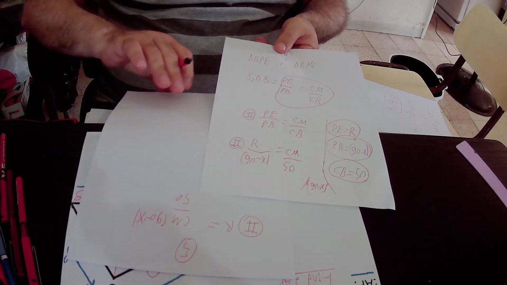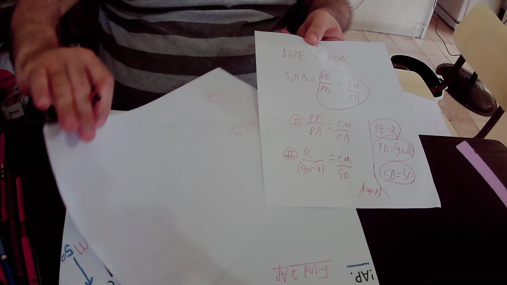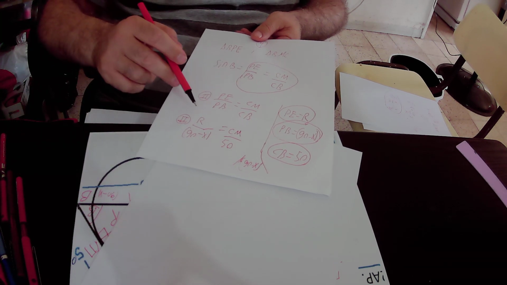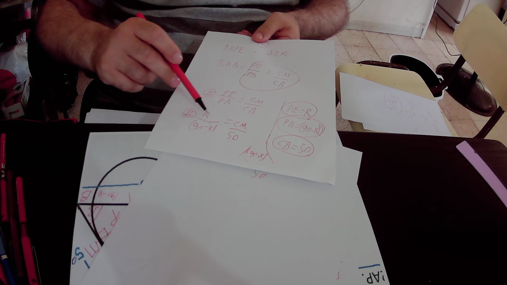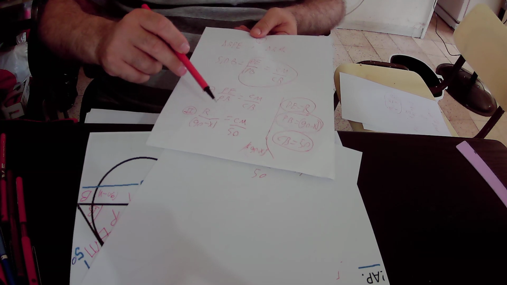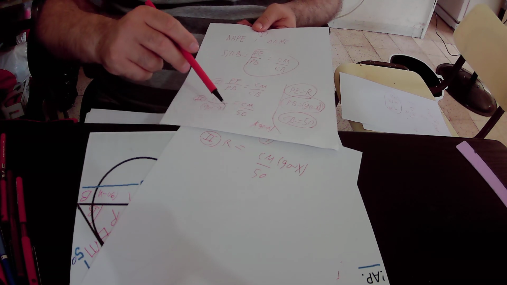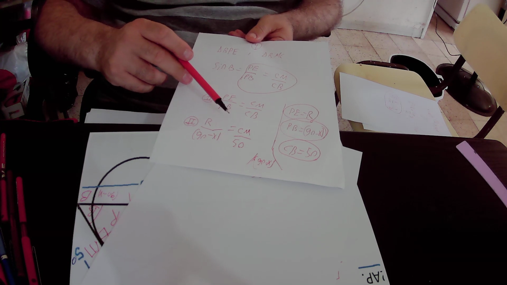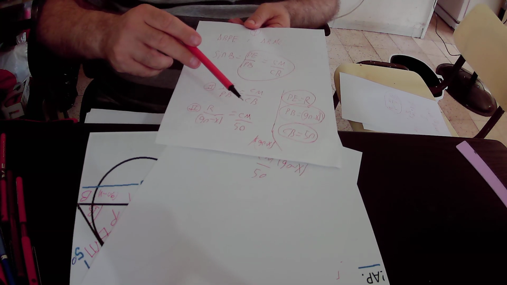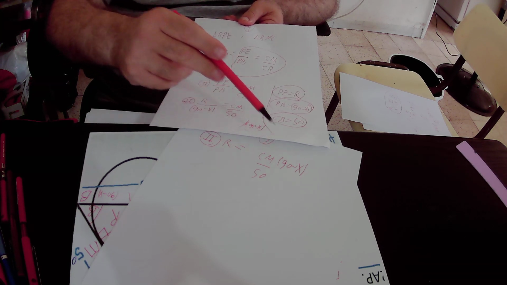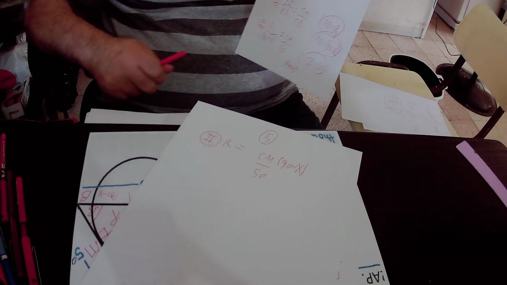Okay, again I will show you. R divided by 90 minus x times 90 minus x equals R, and CM over 50 times 90 minus x equals CM over 50 times 90 minus x.